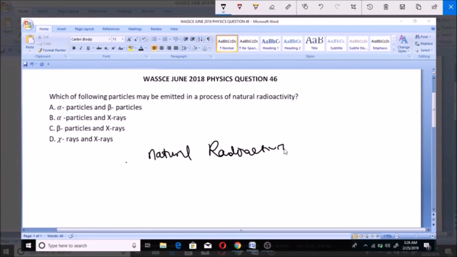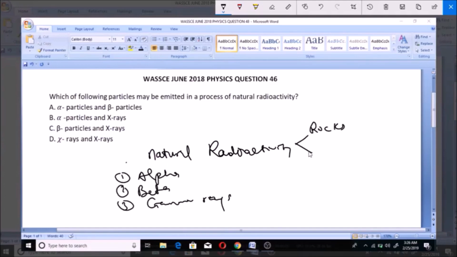Natural radioactivity is what happens in our daily life, mostly in rocks. This causes uranium to be disintegrated into radon, emitting things like the alpha particle, beta particle, and the gamma rays.